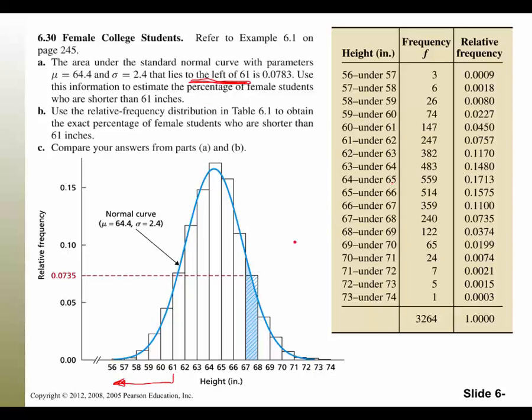If this area, they're saying that the area under the curve to the left of 61, so what I'm filling in red, the area is 0.0783.